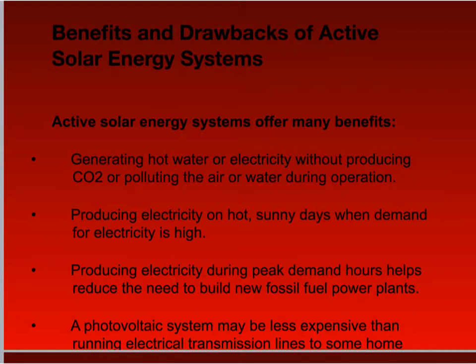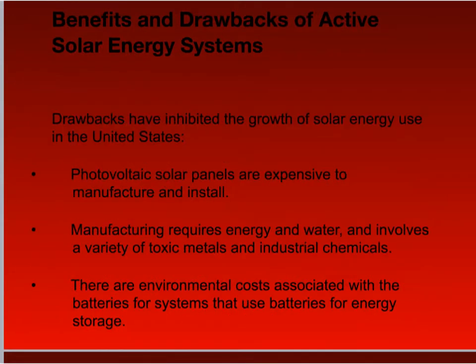A photovoltaic system, though, may be less expensive than this, and photovoltaic systems capture energy from the sunlight, and it's converted directly to electricity. It's pretty cool. The drawbacks are that the solar panels are very expensive, and they're a real pain to manufacture and install.